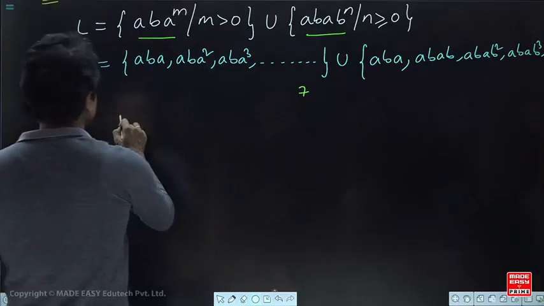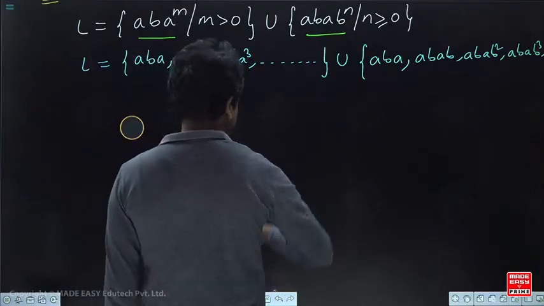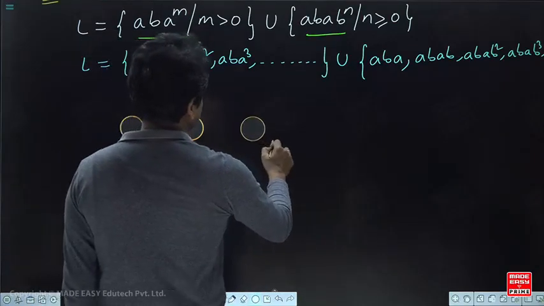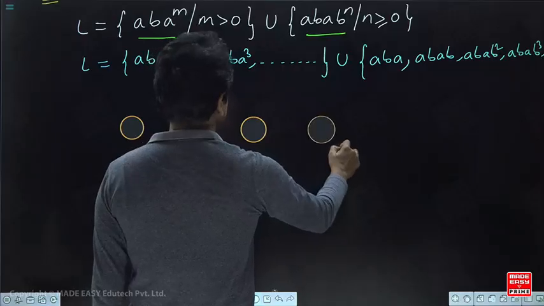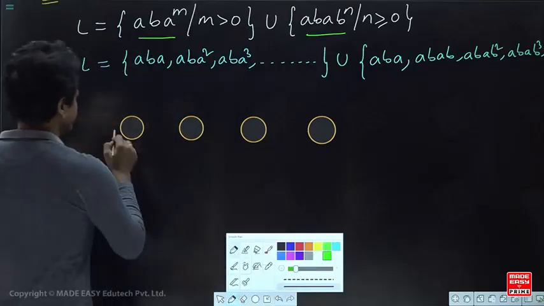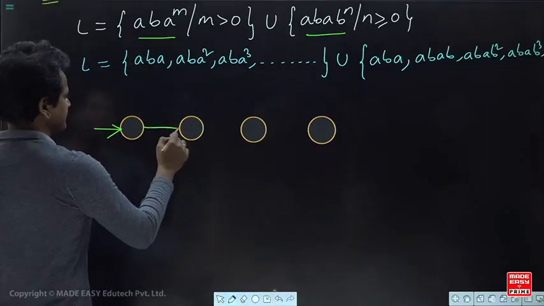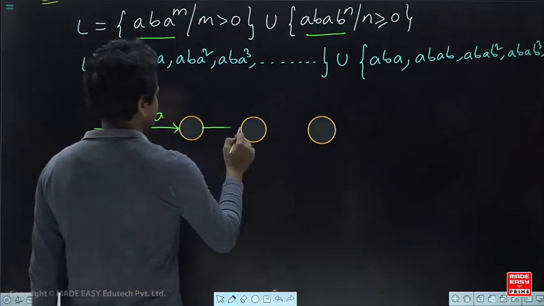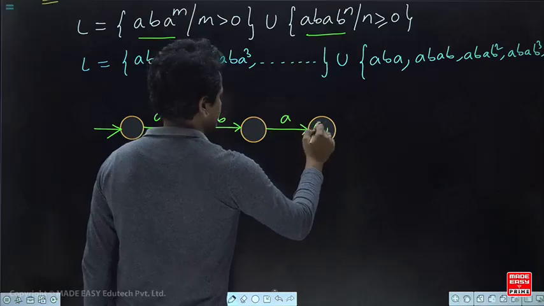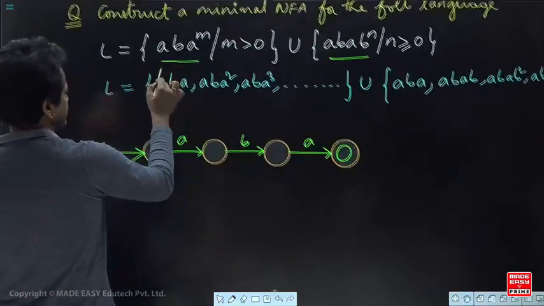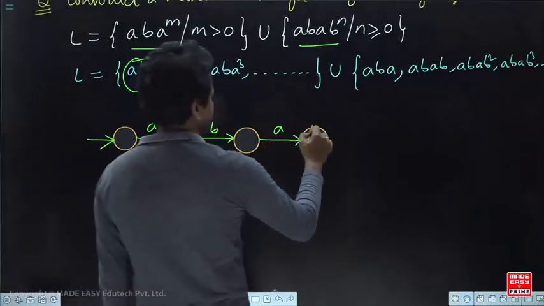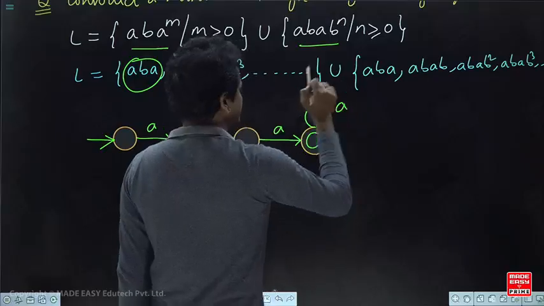Okay, look at this one. So A, A, B, A. The smallest one is ABA.